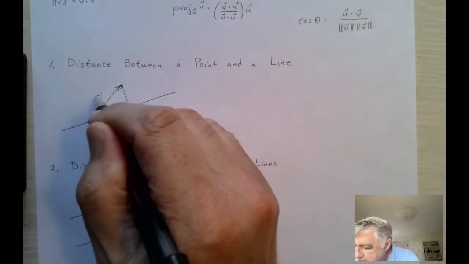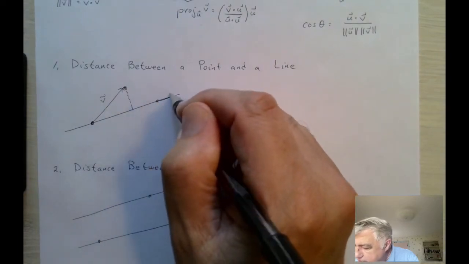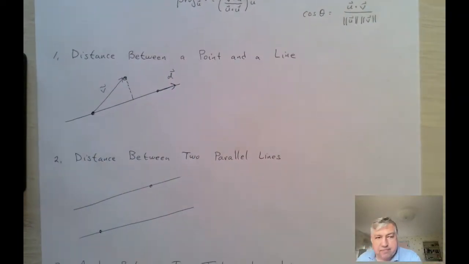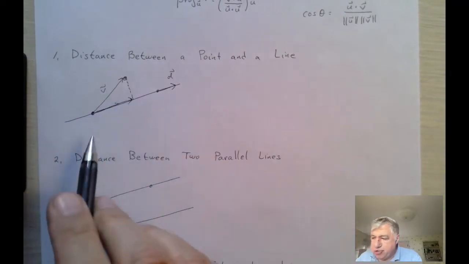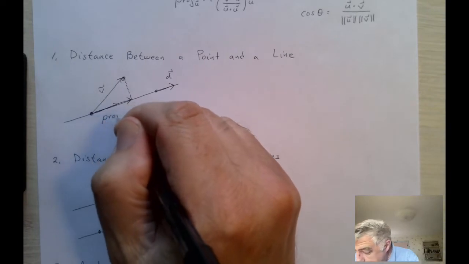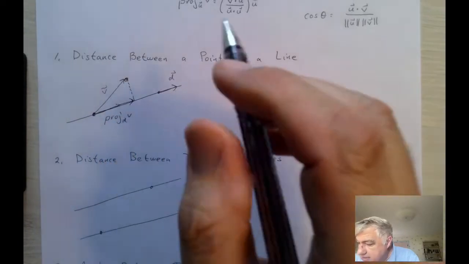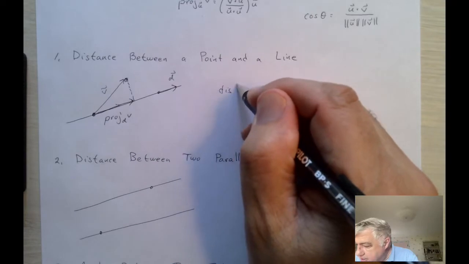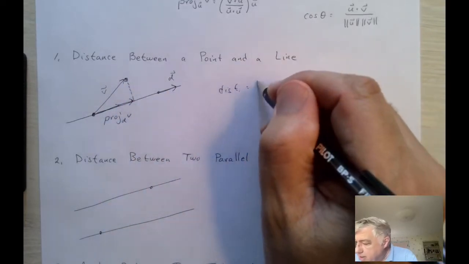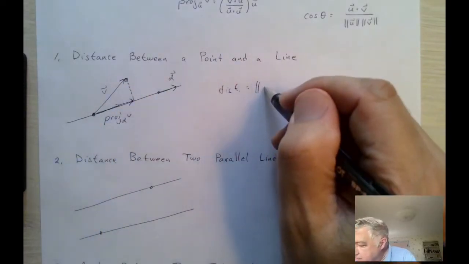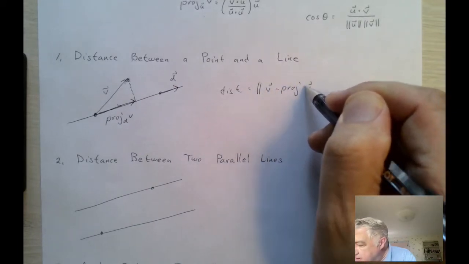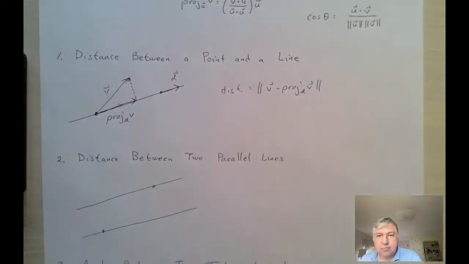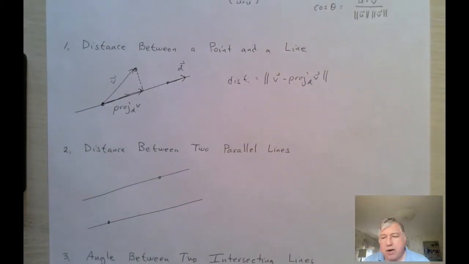If this vector is v, and the direction vector of the line is d, then the distance is the length of the difference, v minus the projection of v onto d. Okay, we talked about that. And then we can use a similar principle.